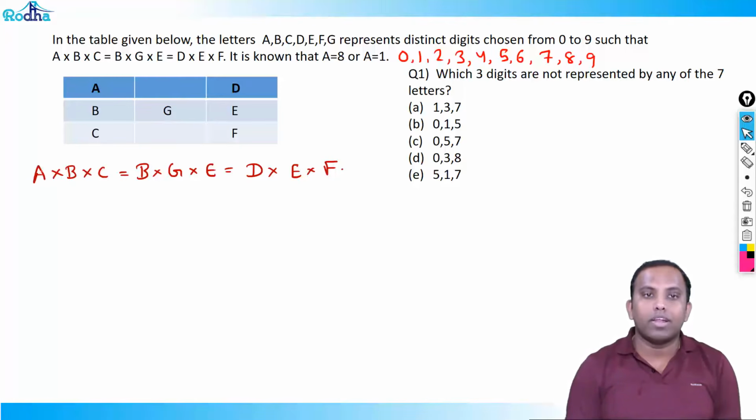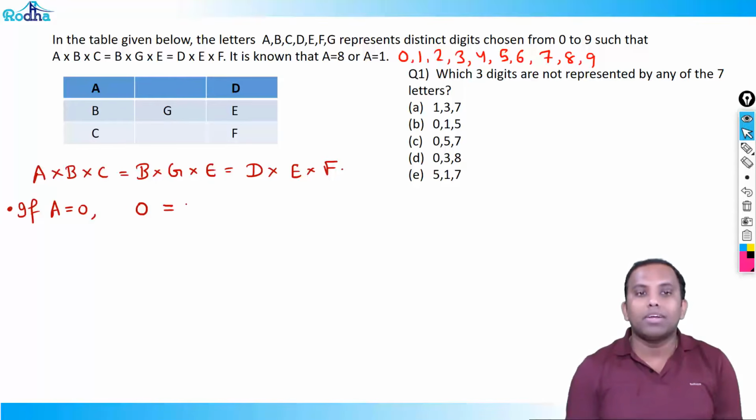Suppose A is 0, then the first term becomes 0, but now the second term and third term cannot be 0 because they are all distinct digits. That's why 0 is not possible.